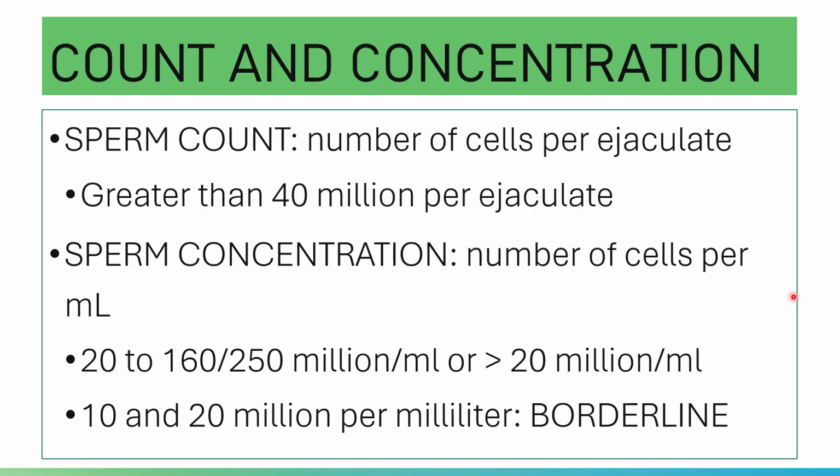Or, in short, it's greater than 20 million per ml. A sperm concentration between 10 and 20 million per ml is considered borderline.